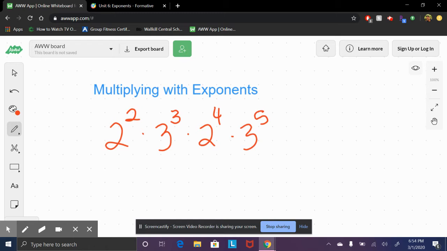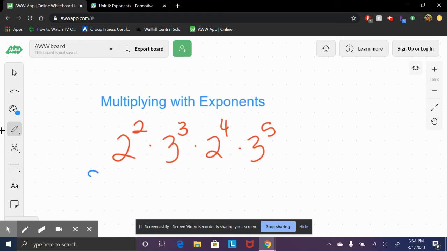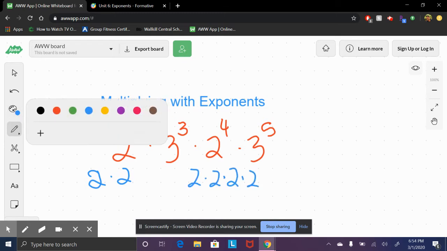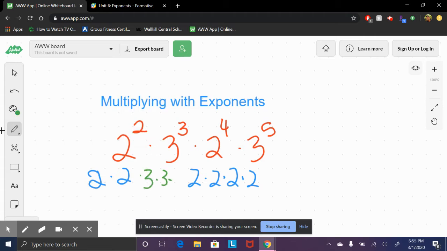With these, let's expand it out first. So we have 2 2's, right? 2 times 2. And then we have 4 2's here. 1, 2, 3, 4. We have 3 3's. 1, 2, 3. And we have 5 over here. 1, 2, 3, 4, 5.